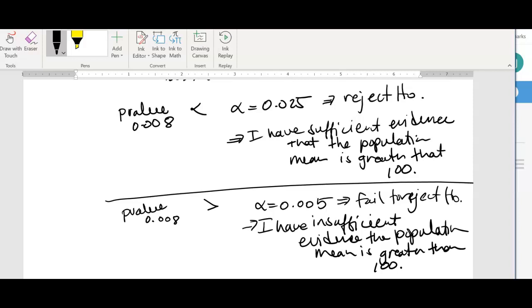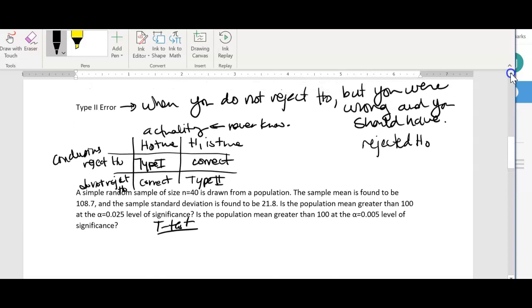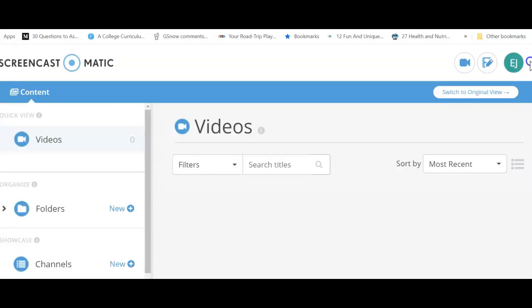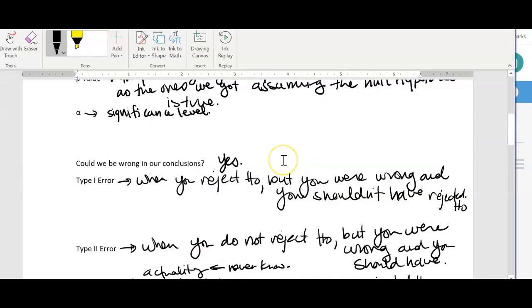Alpha is a significance level, and I'm going to add to the definition up here that alpha, which I told you was your significance level, also is the probability of making a type 1 error.